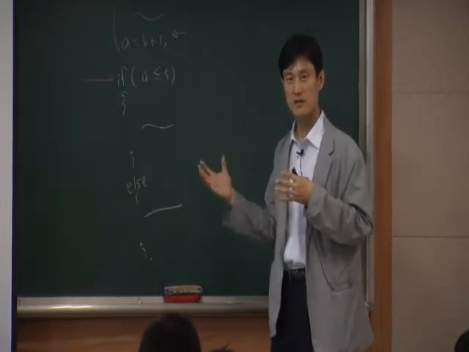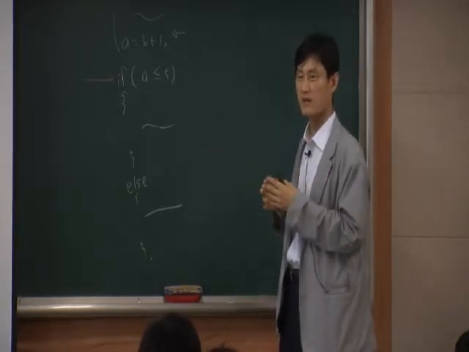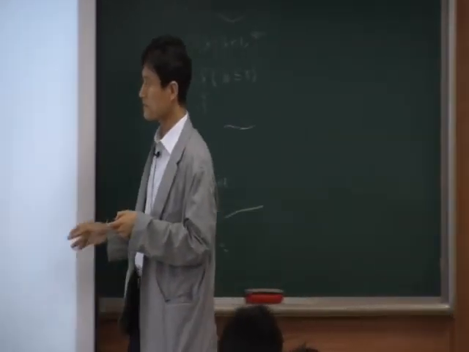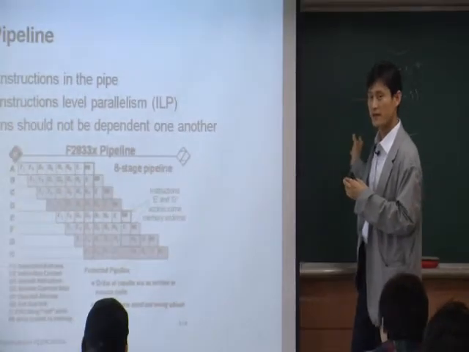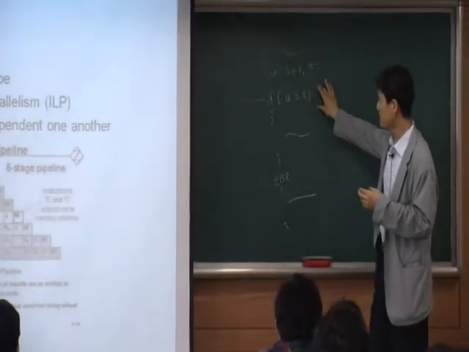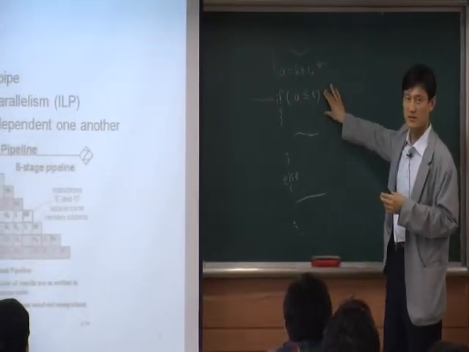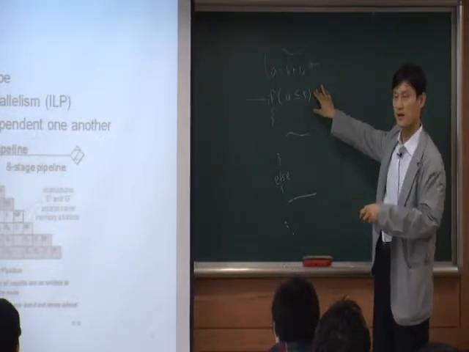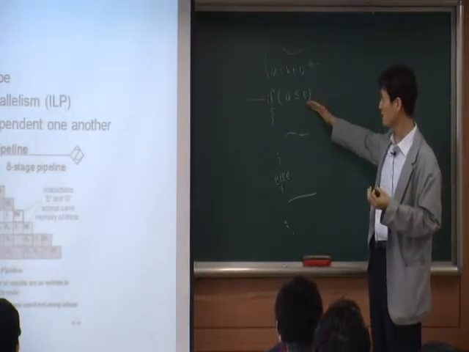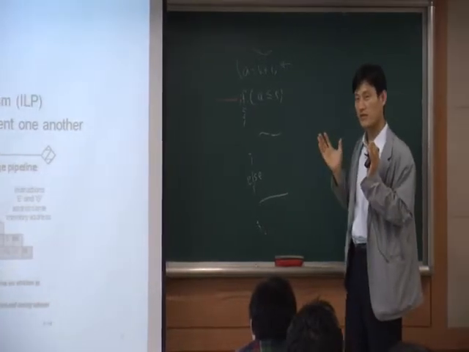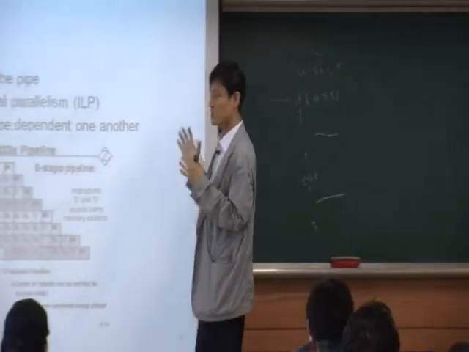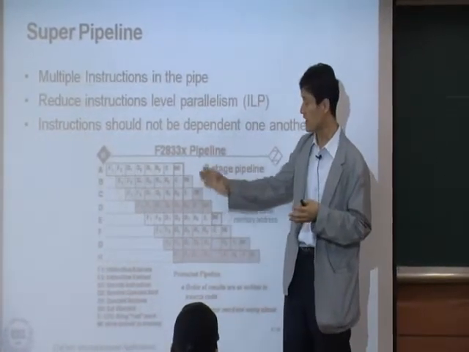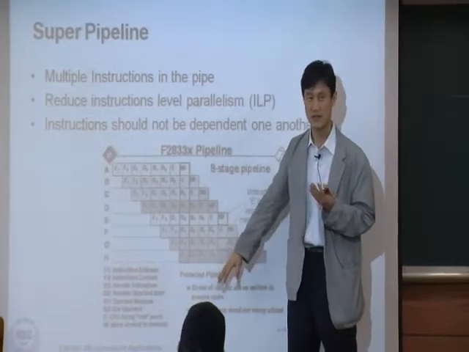Do you understand what I'm saying? You never know. So in the case of a pipeline, if you have a branch instruction like if, then you cannot fill up the pipeline, because maybe you jump here or there, I don't know. Since I don't know which instruction is going to be next, I cannot fill up the pipeline, so the pipeline will be empty.